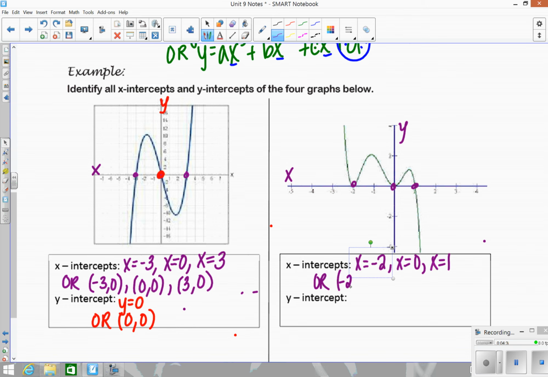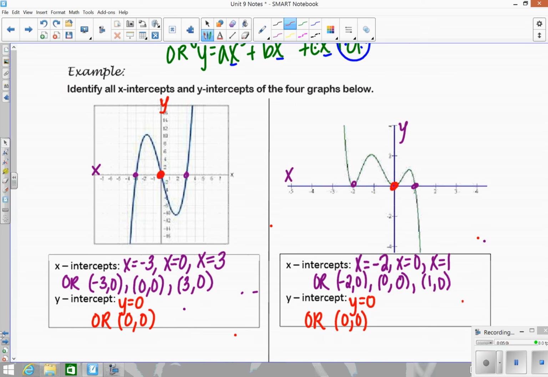So you can say (-2, 0), (0, 0), and (1, 0). Again, notice that y is always equal to 0. And then for the y-intercept, again, it just so happens to work out that it's the same as the other graph. That's not always the case. But you get y equals 0 or the coordinate (0, 0).